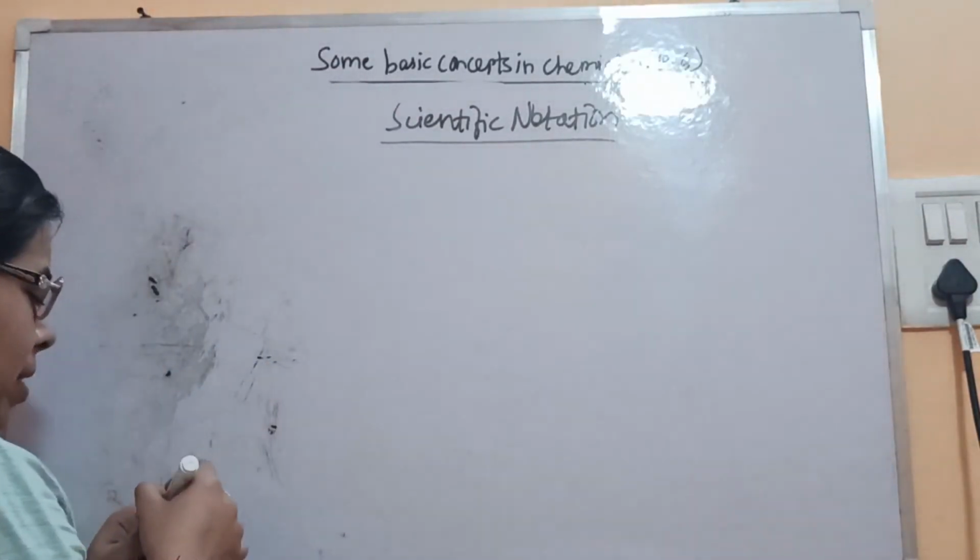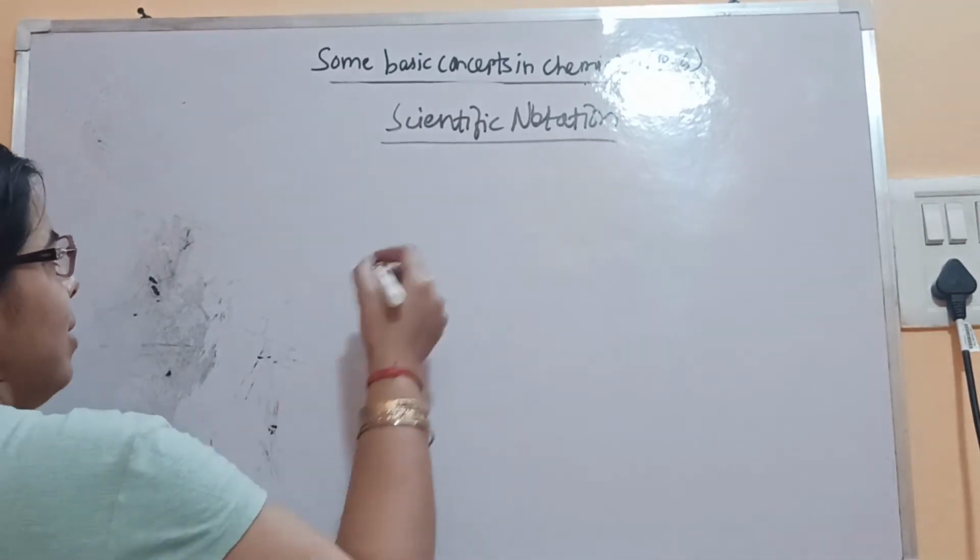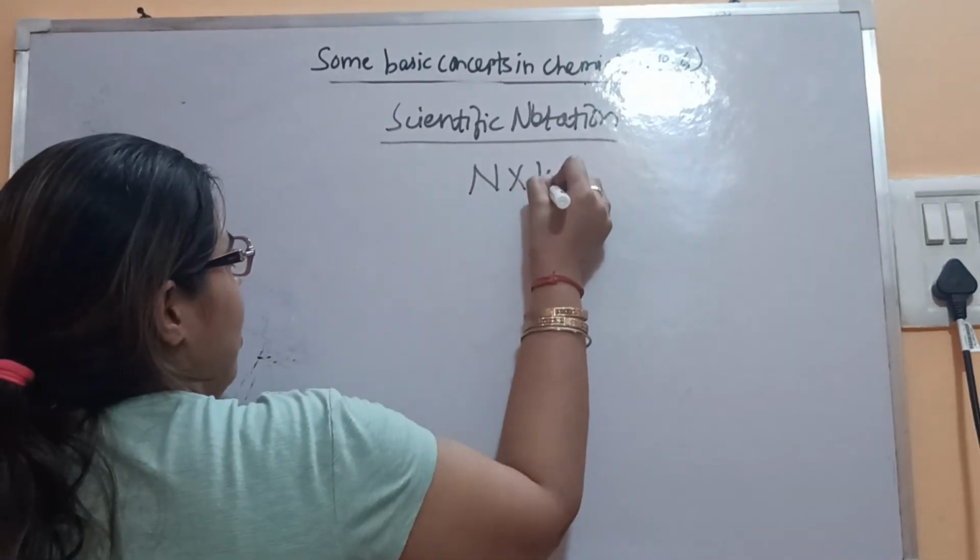Scientific notation means we can represent a particular number in scientific form, that is N into 10 to the power n.